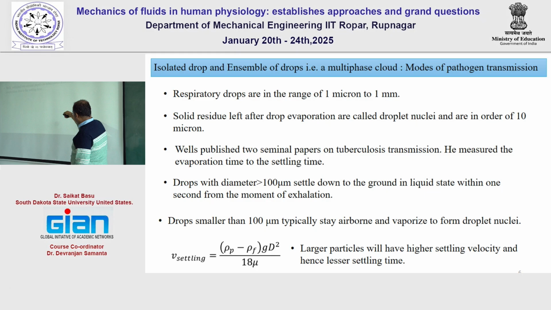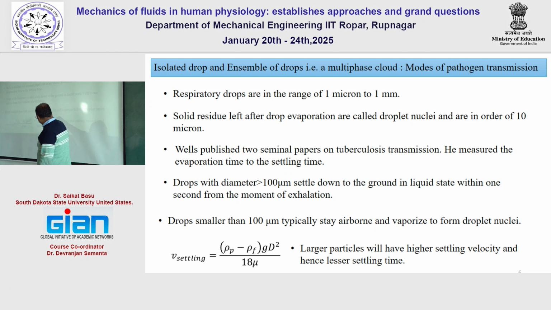So he measured the evaporation time as well as the settling time, and he observed that when the droplets are bigger than 100 micron, within 1 second from the moment we release, they settle down. So this settling can be readily seen, given the settling velocity. I will just show you here.